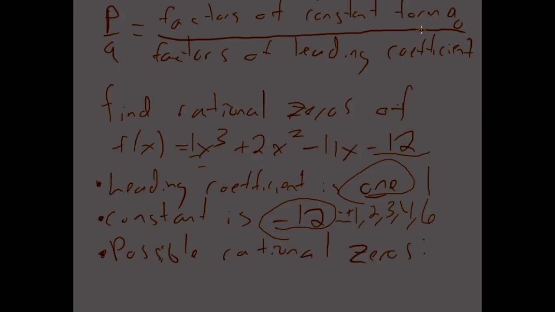Alright, so our possible rational zeros using this: factors of the constant term over factors of the leading coefficient. So our possible rational zeros are going to be plus or minus 1 over 1, plus or minus 2 over 1, plus or minus 3 over 1, plus or minus 4 over 1, plus or minus 6 over 1.